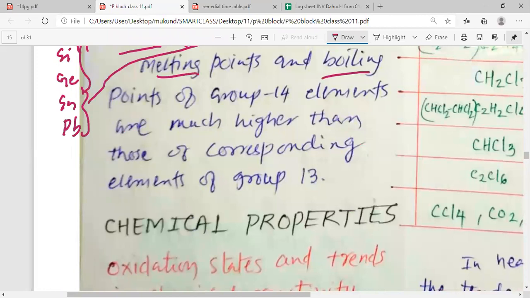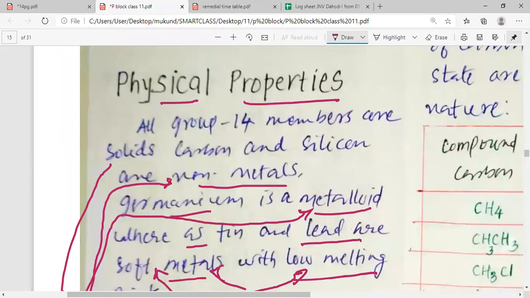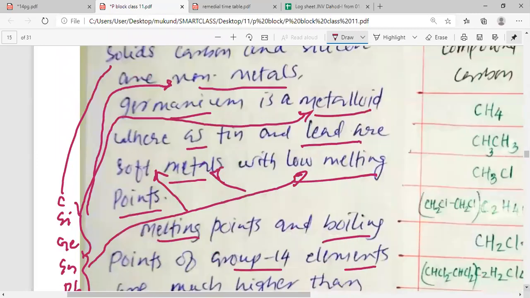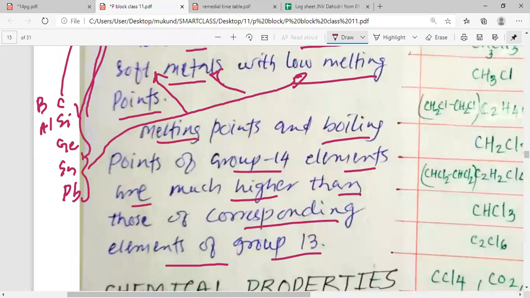Melting points and boiling points of group 14 elements are much higher than those of the corresponding elements of group 13. In group 13, my dear students, we have seen elements like boron, aluminium, gallium, indium and thallium.